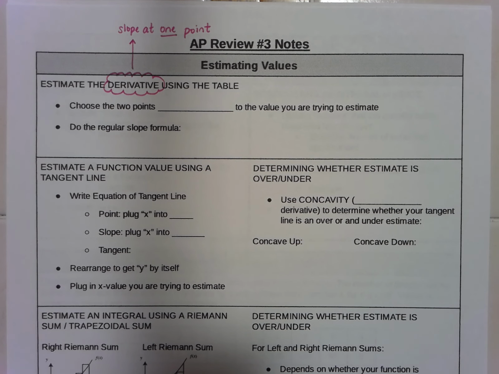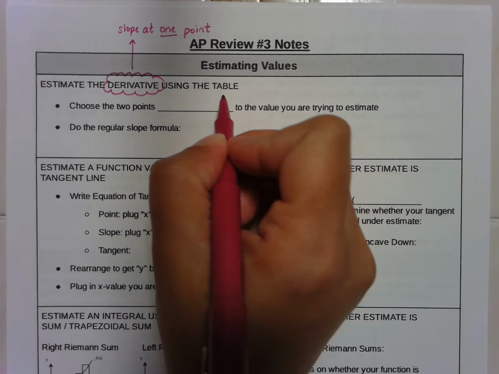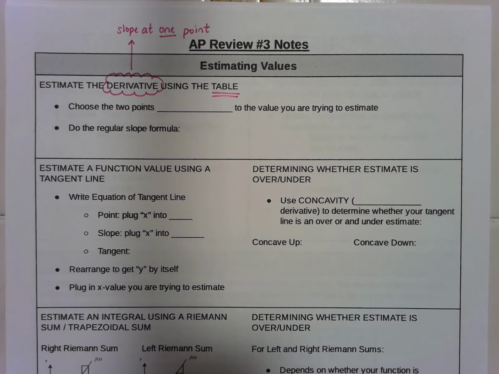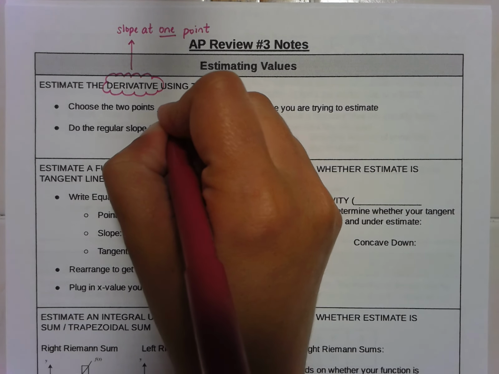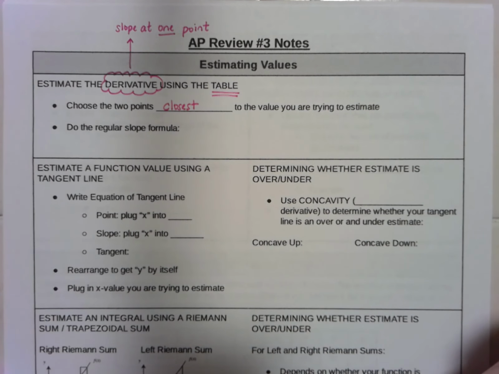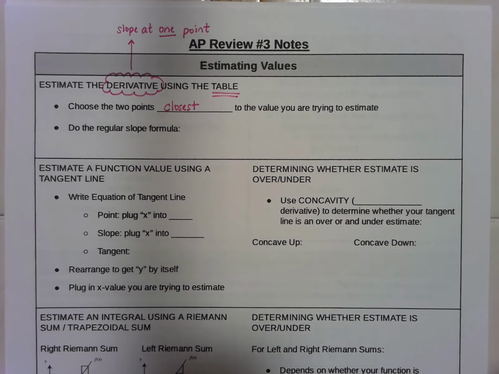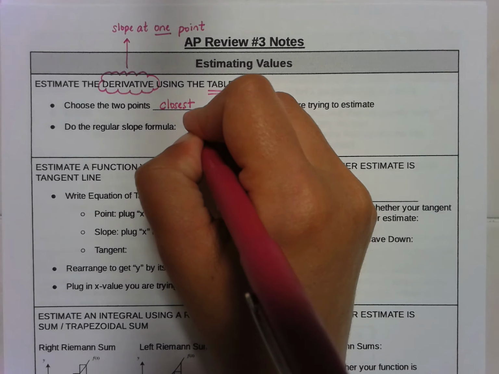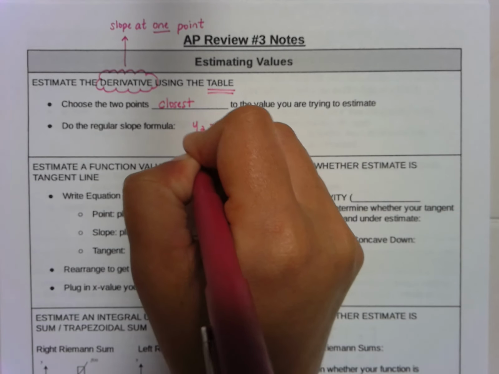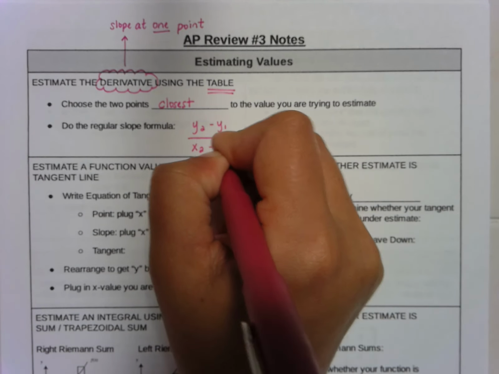When you don't have a function to use, for example, when you have a table of values, the best estimate for a derivative is to choose 2 points that are closest to the specified x value that you're trying to estimate, and then using those 2 points, do your regular old slope formula, which you may remember is y2 minus y1 over x2 minus x1.